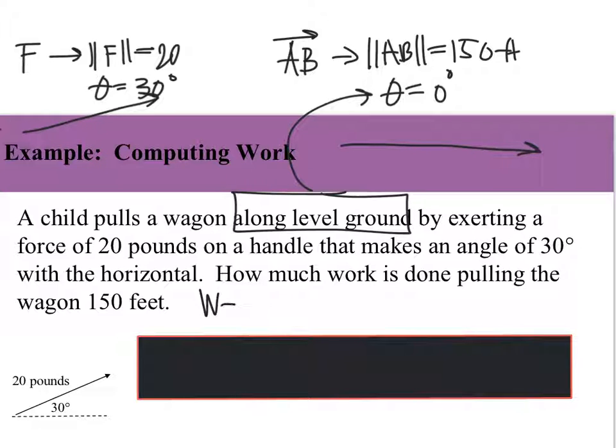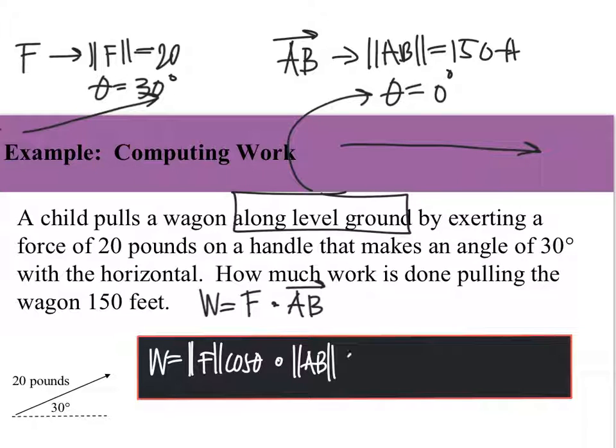Remember that work is the dot product of force and AB, the direction at which that force is being applied. So if we actually did that, we would get work is equal to the magnitude of force cosine theta multiplied by the magnitude of AB cosine theta, plus the magnitude of force sine theta times the magnitude of AB sine theta.